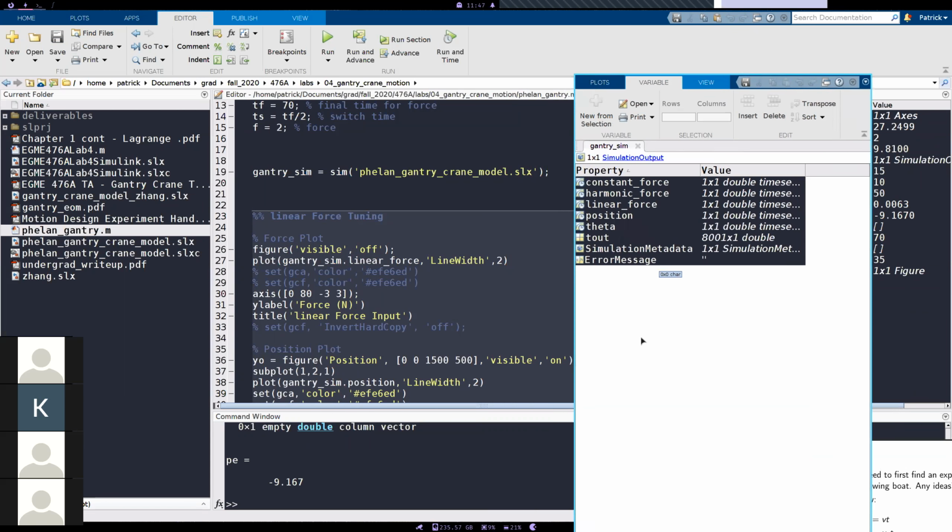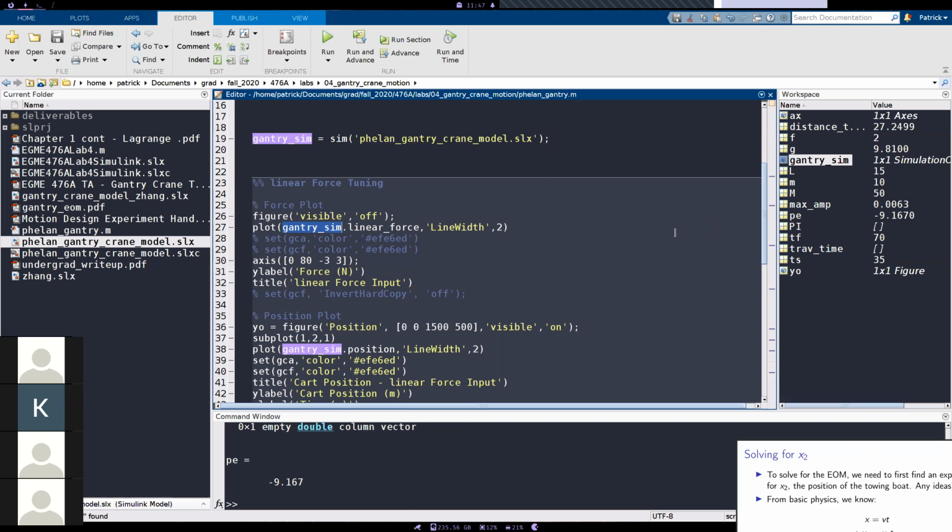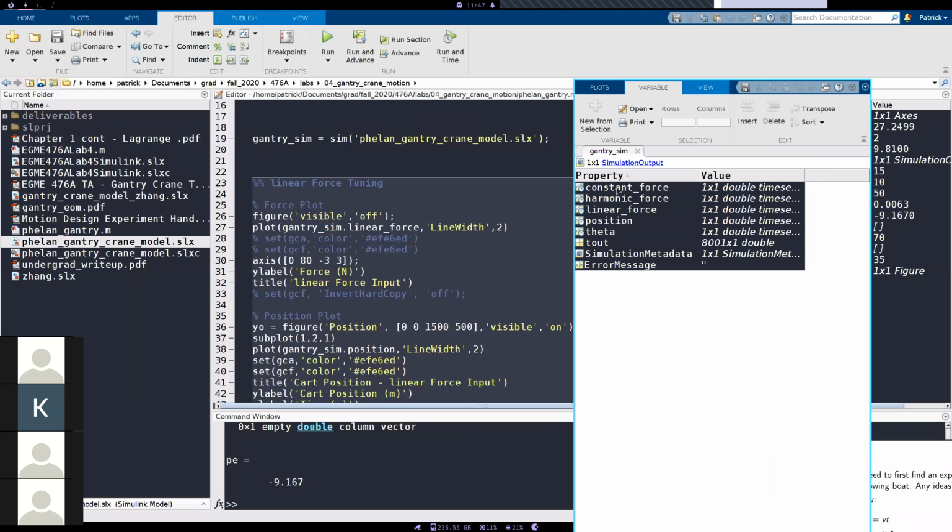And that's convenient for us because when we want to plot it, all we have to do is type in whatever our variable name was for our simulation. In this case, I called it gantry sim, which you see on line 19. And then to plot whatever parameter we want to plot, we just use dot notation. If I go back here, you see that we have a variable in our model called linear force.